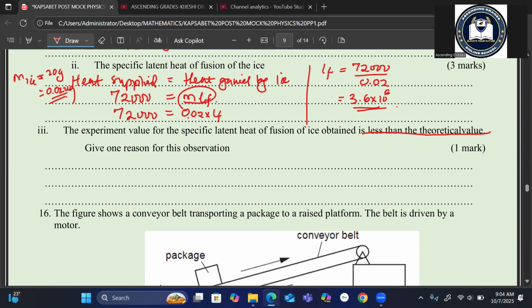Some of the heat energy may have been lost to the environment. Remember, from the setup, some heat will be lost to the environment.